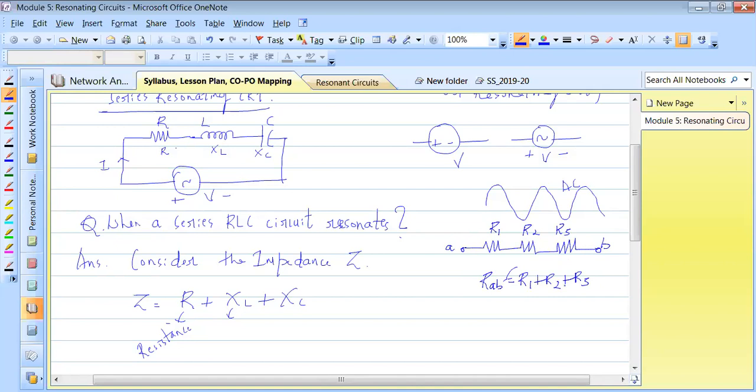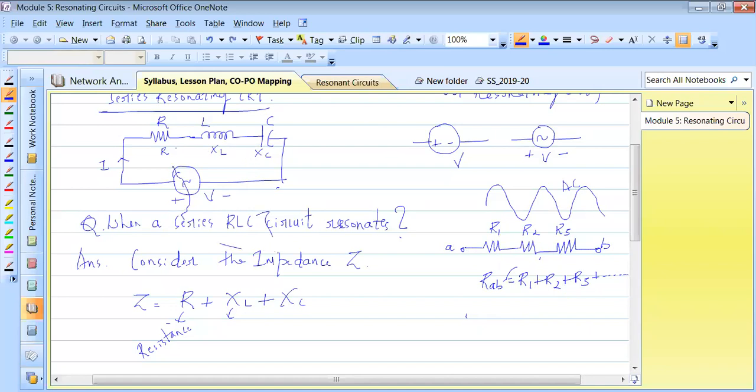Now, when they are connected in parallel, it's a different equation, and a different equivalent resistance will be across AB. So you can have any number of such resistances in series. You can just add them all and you will get the equivalent resistance across the terminals AB. That is what is happening here also.